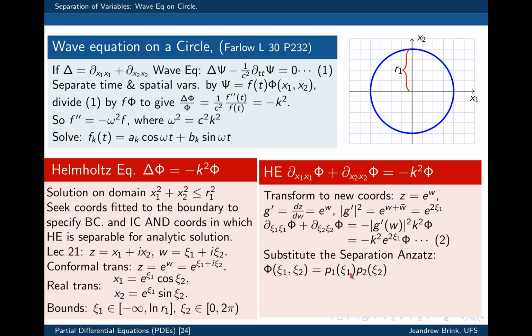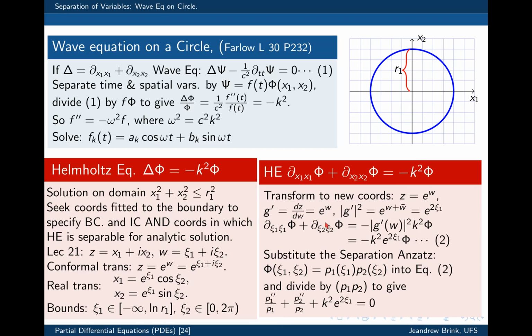So we have p1 of c1 and p2 of c2, and we substitute this ansatz into equation 2, and we're going to divide, just as we did in the case for the time variable, by p1 and p2, and what we get is this. Here is the second derivative with respect to c1 of phi, which is just the second derivative of this function times p2, and then you divide the whole thing by p1 p2, so p2 cancels, and you're left with this first term over here.